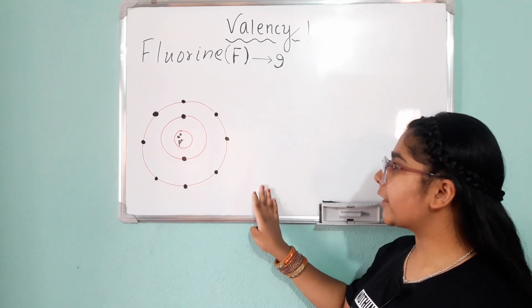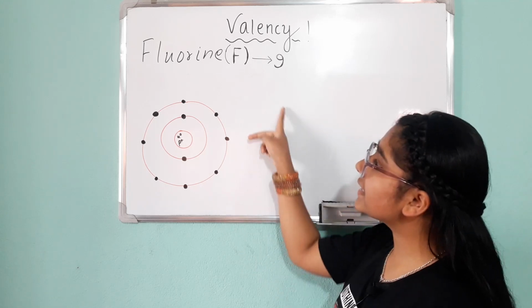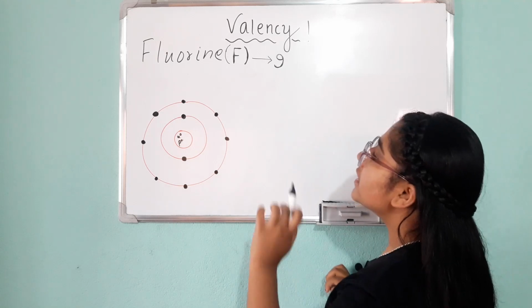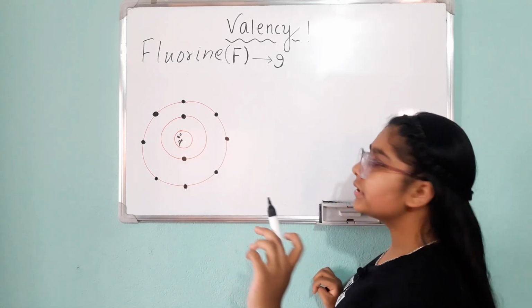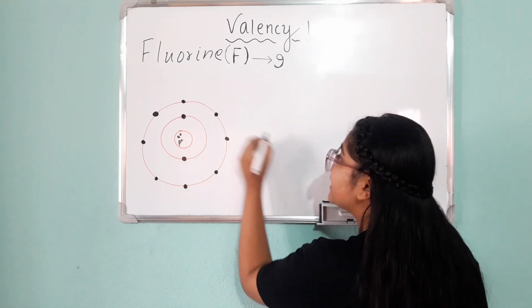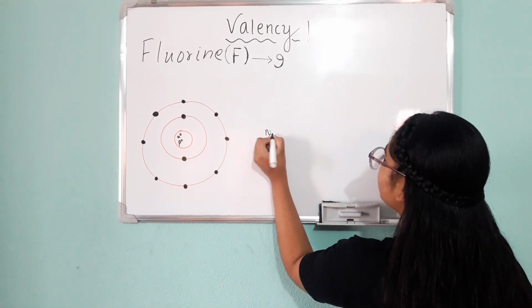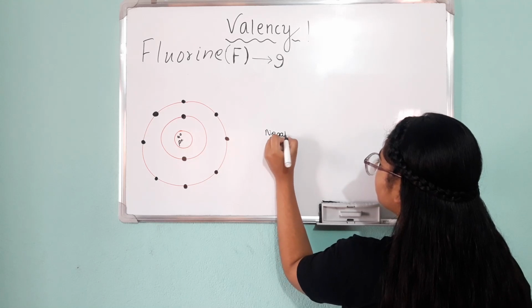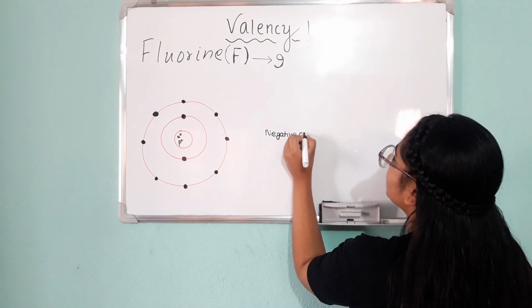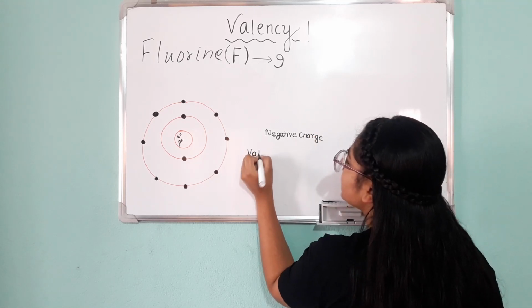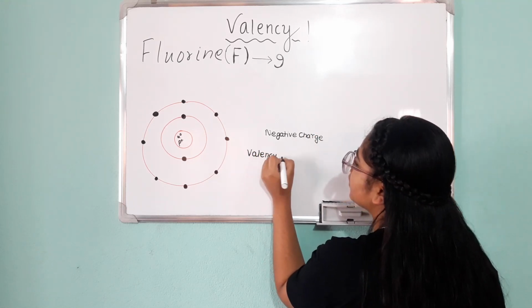So now this is perfect. Now, to know the valency, how many electrons is it taking? 1 electron it took. Taking an electron gives a negative charge, so it has the negative charge. Its valency will be 1 because it is taking 1 electron.